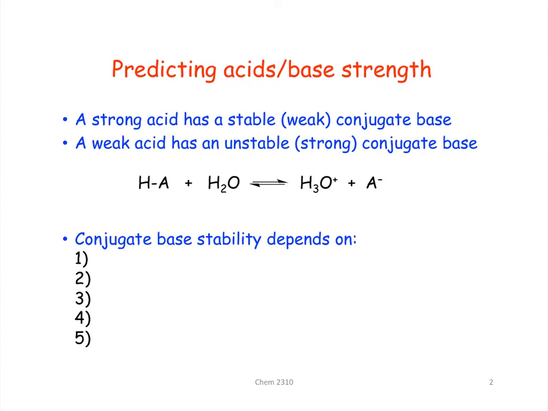In general, what we are going to most commonly do is look at the conjugate base of the acid, right? So if we label our components here, remember HA is some generic acid, and it's reacting with water to give hydronium ion and the conjugate base.